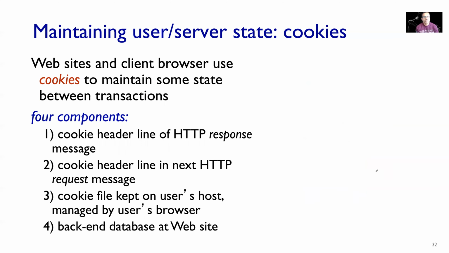So cookies then. Now that was fine till people started using the web for implementing all sorts of cool things, right? So imagine when you go to Amazon, you want to browse through whatever products they have, and you want to create a shopping cart, right? Which means if you're on one page, you like something, you add it to your cart, then you move to a different page, which means now the server has to keep some state, right?